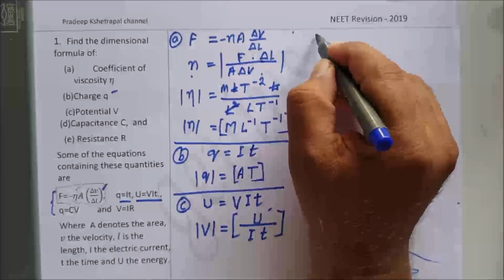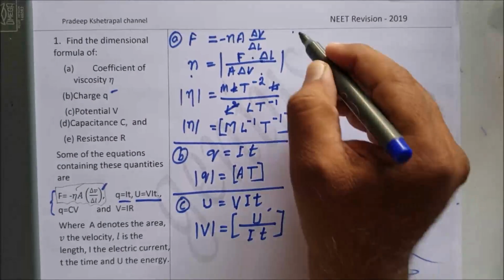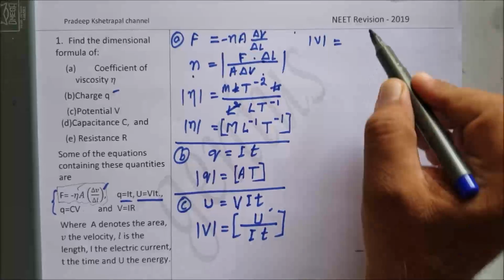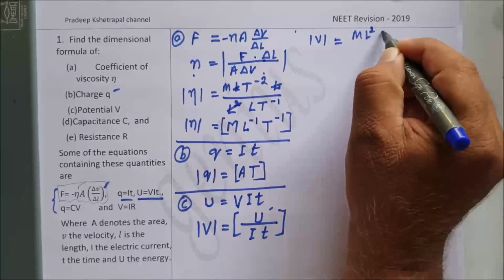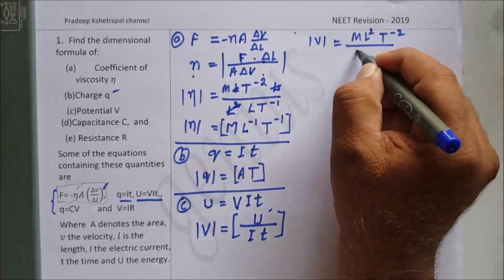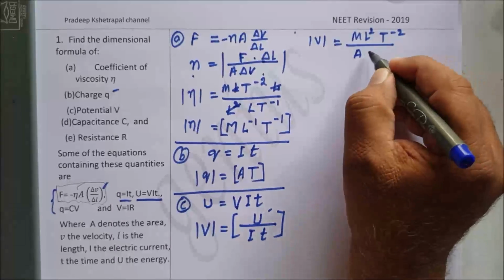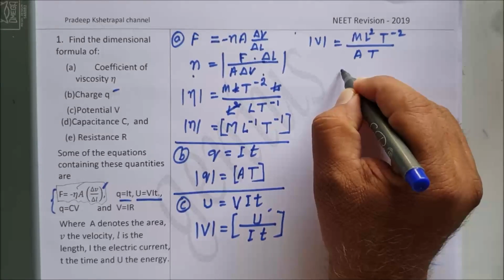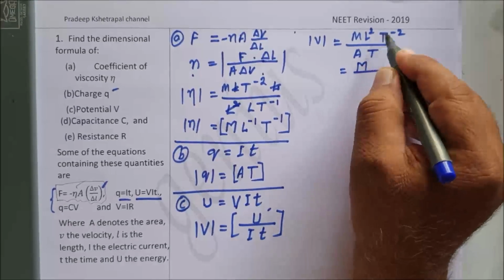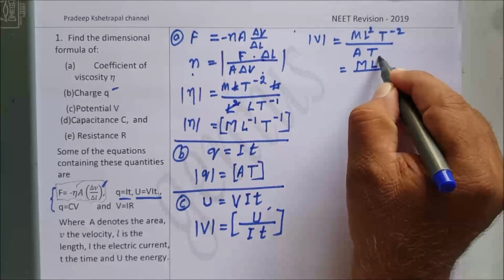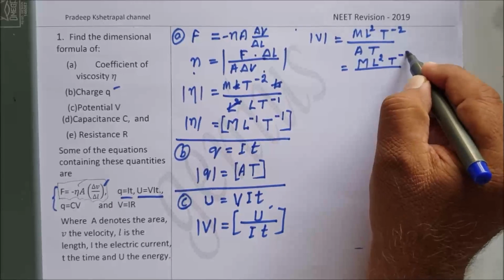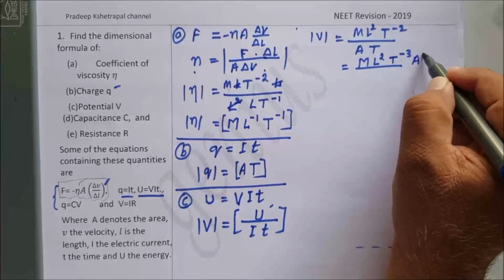Dimensions of V are equal to U, work done, M L squared T minus 2, divided by I, current, A, and again time, T. Do the necessary cancellations and it comes to be M, then L squared, and T goes up and becomes T minus 3, and then A minus 1.